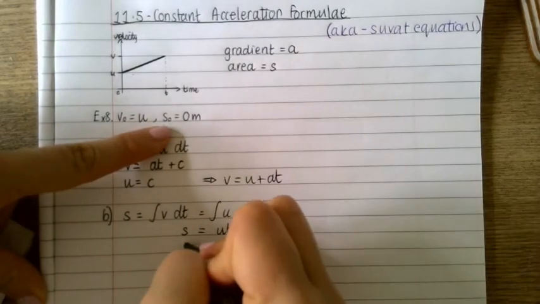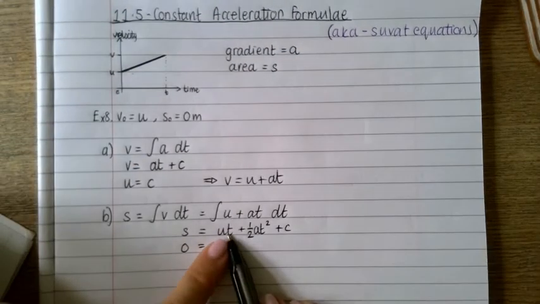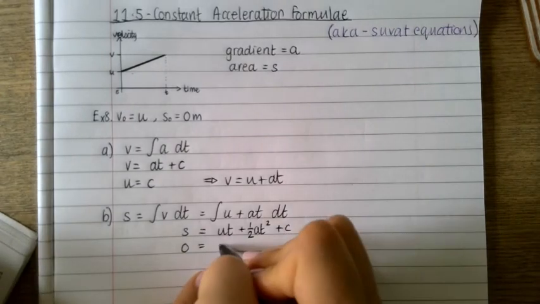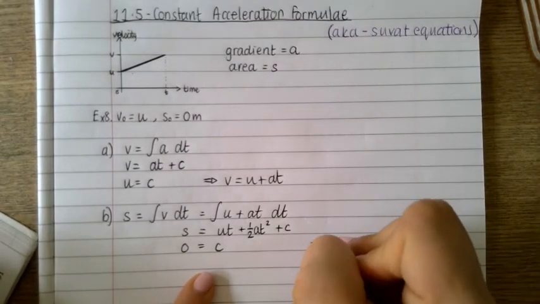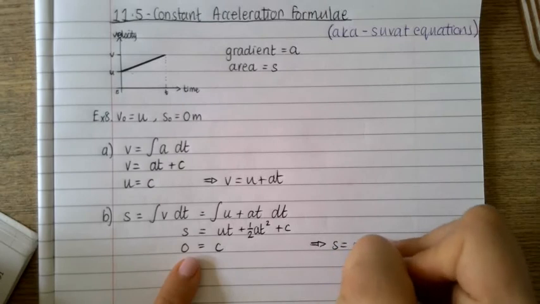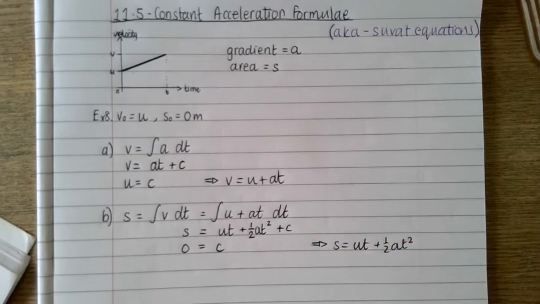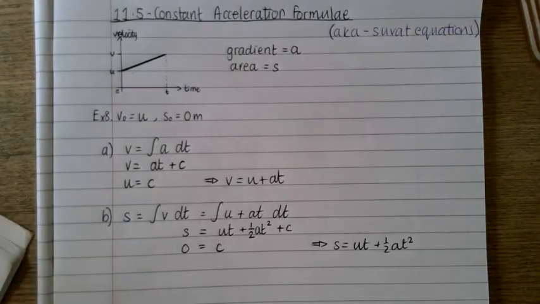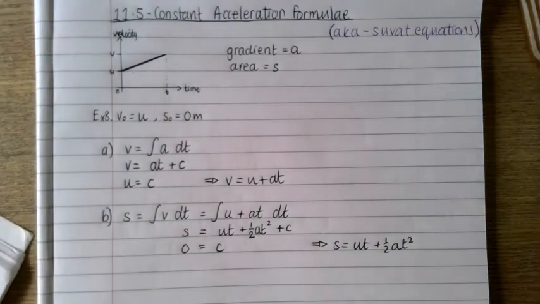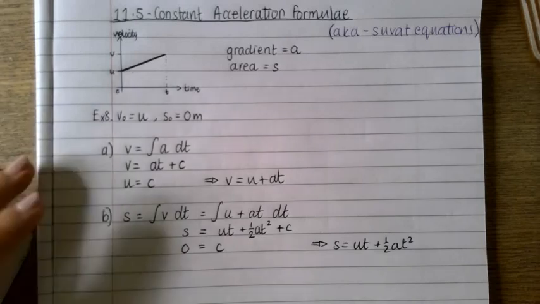So the displacement is 0 when t equals 0. So that means that 0 equals c, and we get our equation s equals ut plus a half at squared. So this shows you just another way of deriving 2 of the constant acceleration equations.